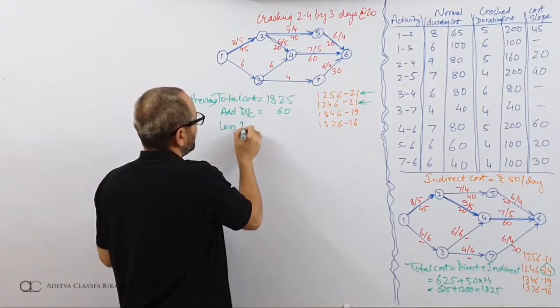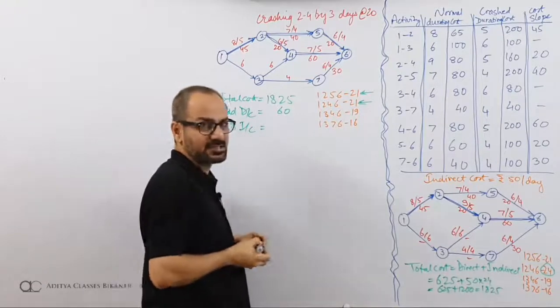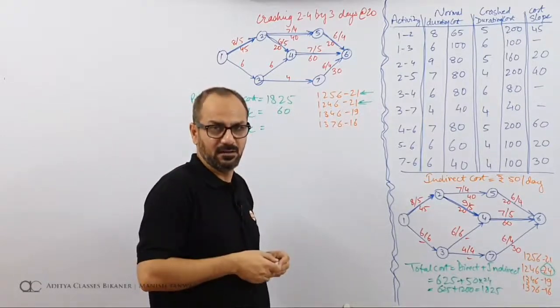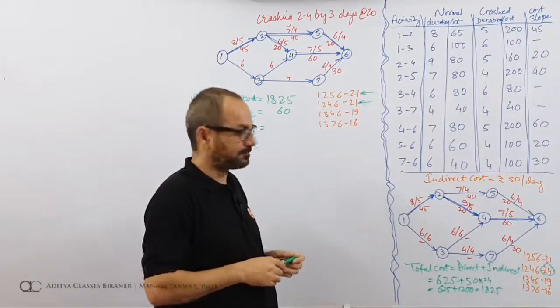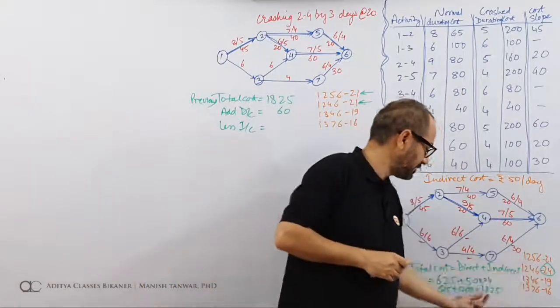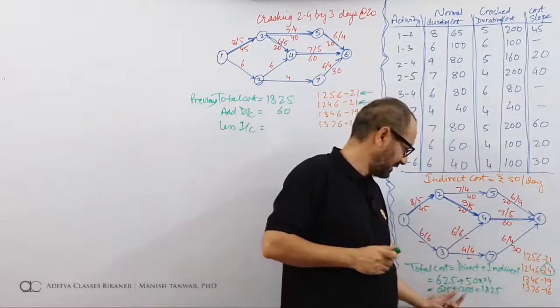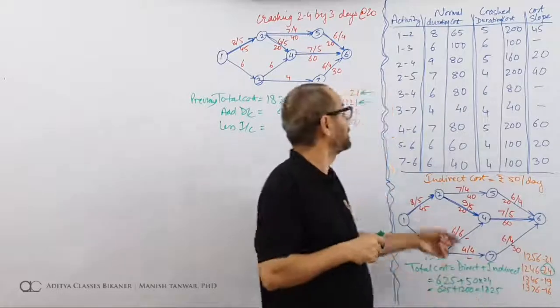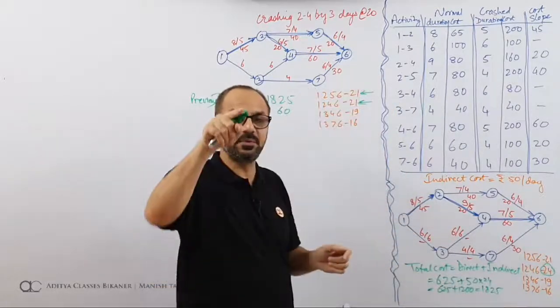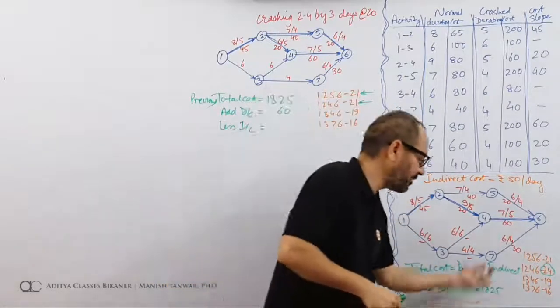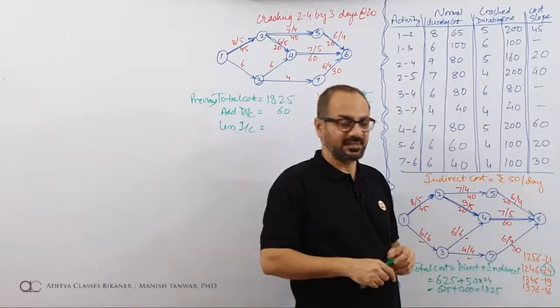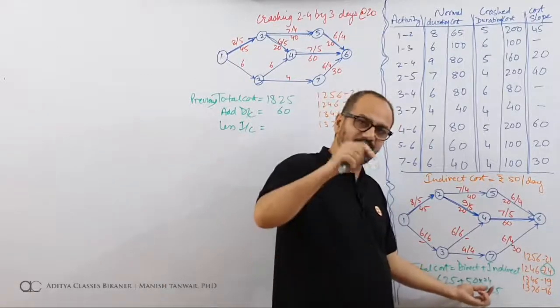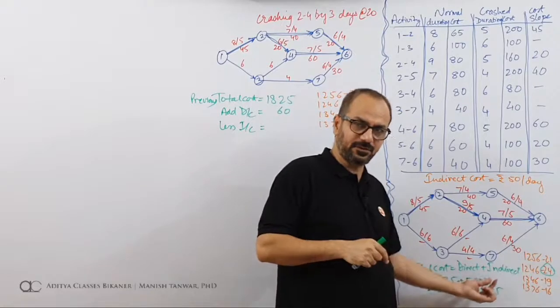Less indirect cost. Indirect cost is the payment being made for critical duration. 24 days payment made for 50 rupees, that is 1200. But now the critical is only 21. So payment should be made for 21 days. Why are you making a payment for 24 days? But the thing is that this 1825 already includes a payment of 50 rupees for 24 days.